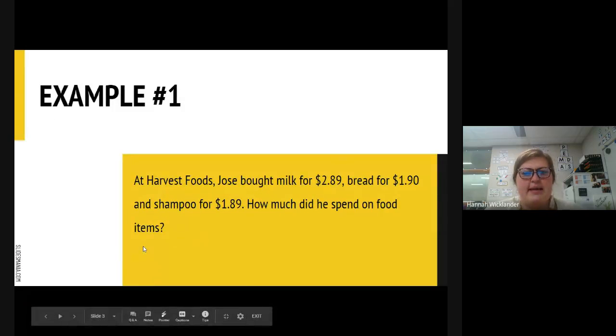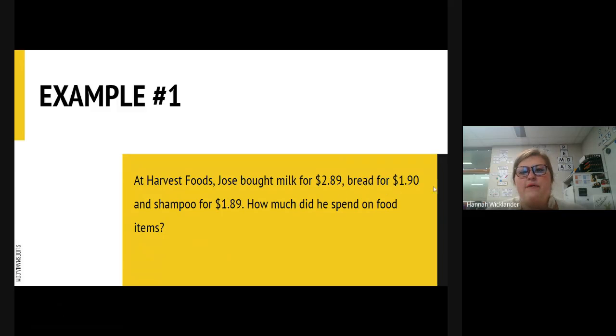So example 1. At Harvest Foods, Jose bought milk for $2.89, bread for $1.90, and shampoo for $1.89. How much did he spend on food items? So this question is wanting to know how much he spent on food items. So I can look back here and see he bought milk, which is a food item, bread, which is a food item, and shampoo, which is not a food item.